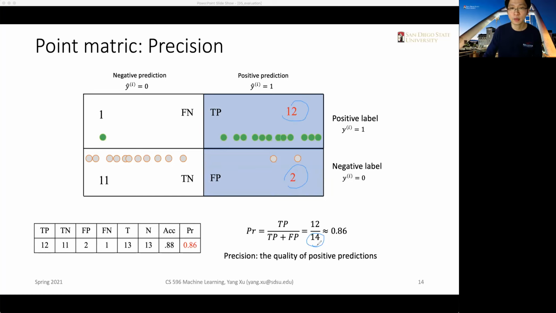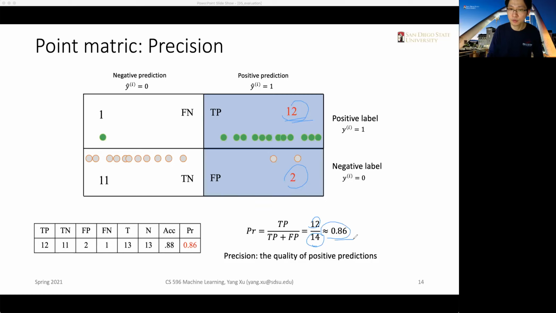And we know that among these 14 positive predictions, only 12 are accurate predictions. So that's why the ratio of the correct positive predictions among all positive predictions is called precision.